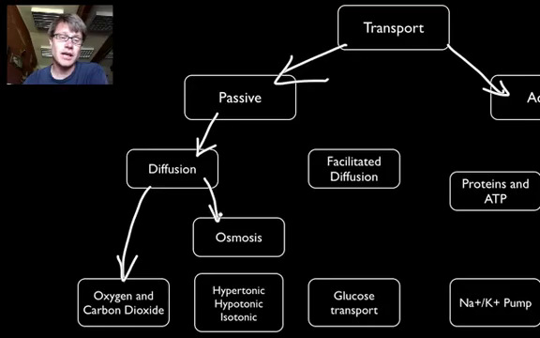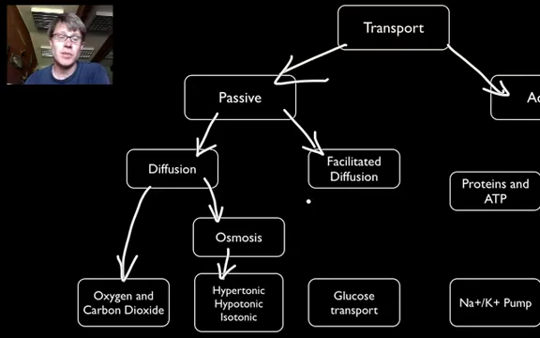A specific type of diffusion is osmosis, which is simply diffusion of water across a semi-permeable membrane. That has a huge impact on cells, because if they are in a hypertonic, hypotonic, or isotonic environment, they're either going to lose, gain, or nothing's going to happen to the water inside them, according to osmosis. And so that's something that we have to battle, but we can also use to our advantage.